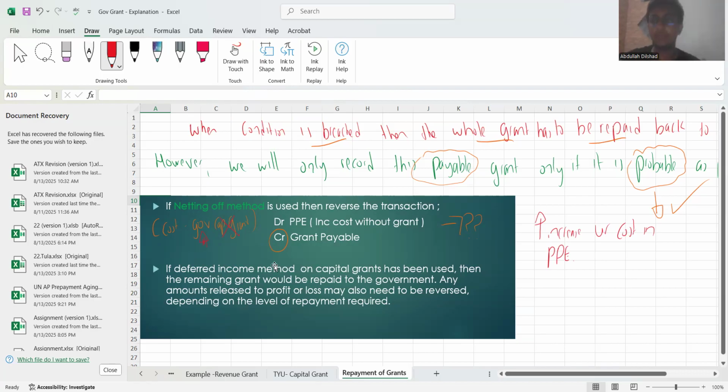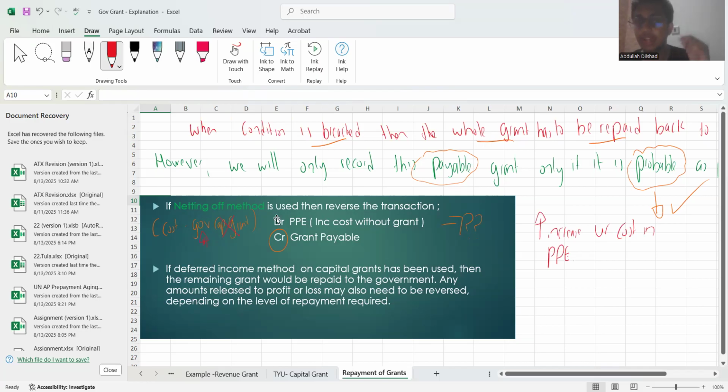All right, let me repeat it again. If you are using the netting off method, you would have reduced the cost. But now, since you were not able to meet the conditions, you need to repay it back. So you'll be showing credit grant payable, and you'll be debiting property, plant, and equipment.